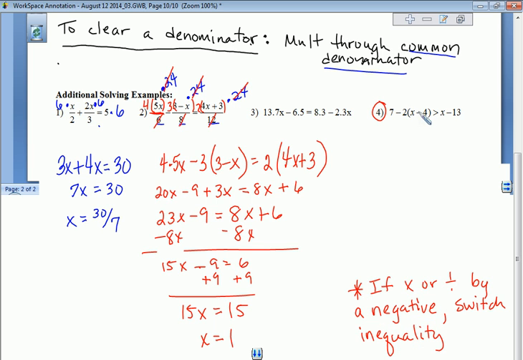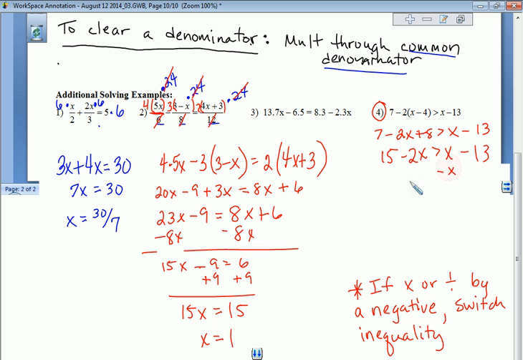Okay, so no big deal, no fractions in this or anything. The only new part was the inequality. So we're going to distribute that negative 2. We're going to combine like terms. And here you get to pick. What would you like to move?